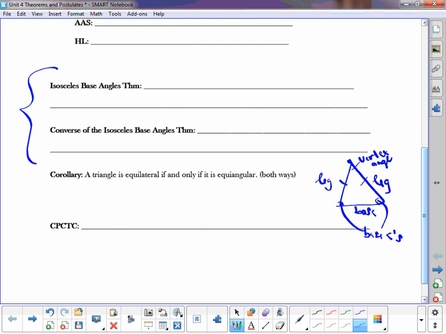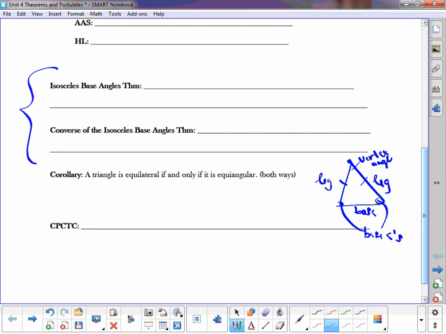Okay. So we know it's an isosceles triangle, 2 sides are congruent. Alright, our isosceles base angles theorem. I like this one because the title gives us a clue as to what we're talking about. We're talking about these 2 angles here. Any thoughts as to what our theorem might be saying about those two angles?